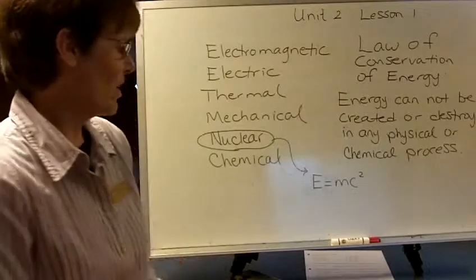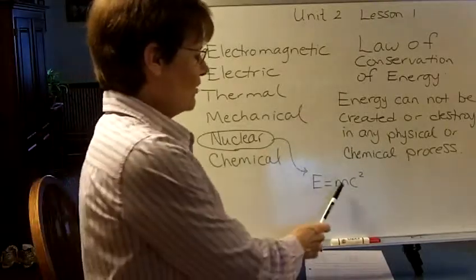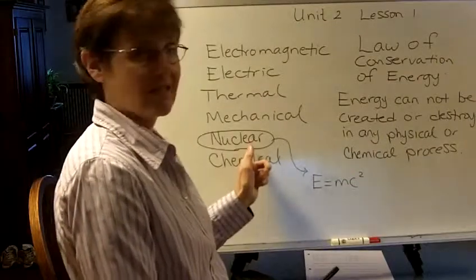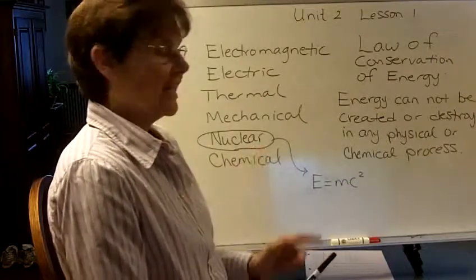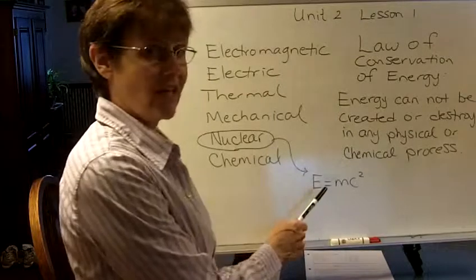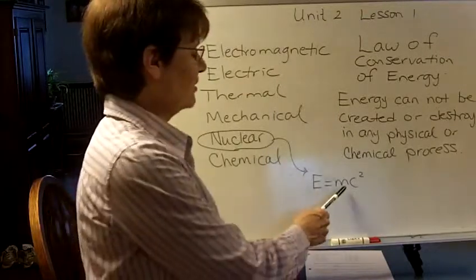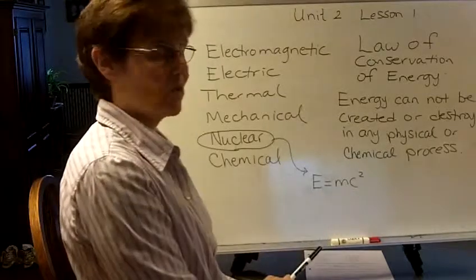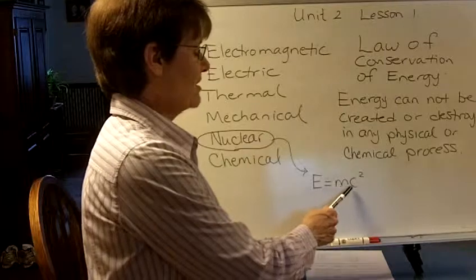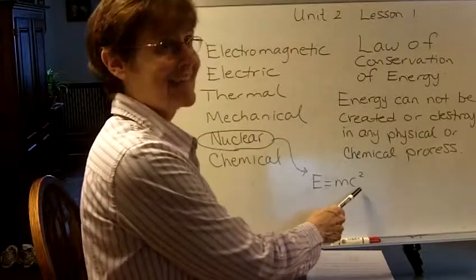And what he said was, if mass gets destroyed, and that only happens in a nuclear reaction, it creates some energy. The amount of energy that is created when a little bit of mass gets destroyed is equal to that amount of mass times the speed of light squared.